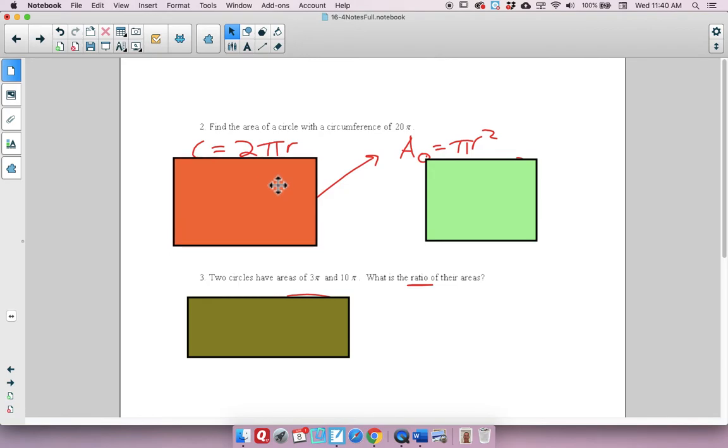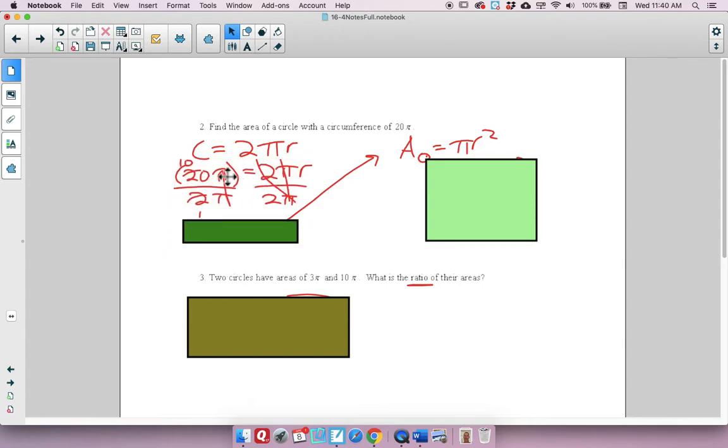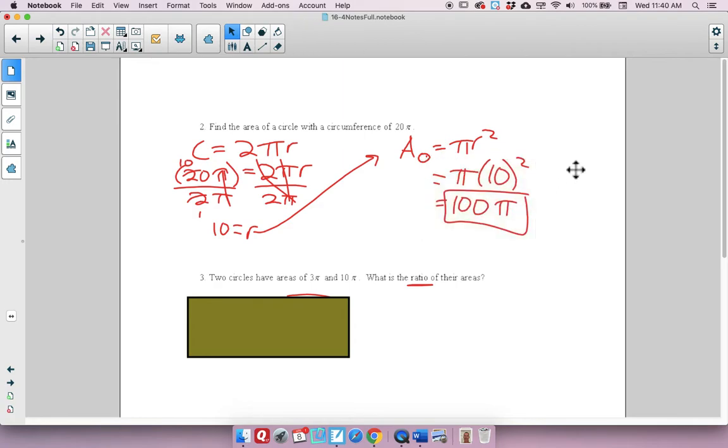So I can solve for r if I know what C is. So if I do that, I'm basically just plugging in 20 pi for C, and then solving for r. So I divide both sides by 2 pi. The pi's cancel. The 20 and the 2 become a 10 and a 1. So the radius is equal to 10. I then just have to plug in 10 here. So 10 squared is 100, and I get 100 pi.